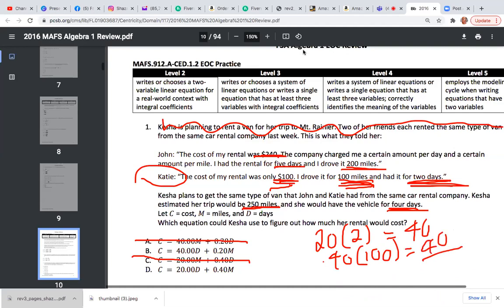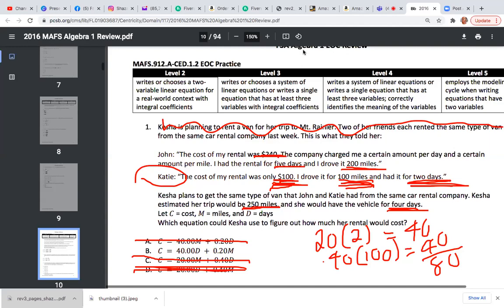When you add it together, it gives you $80. It doesn't give you the $100. So D did not work for Katie. Since it doesn't work in Katie's scenario, we cannot count D as the answer. Therefore, we're left with B.